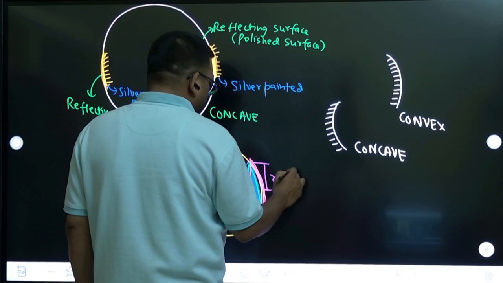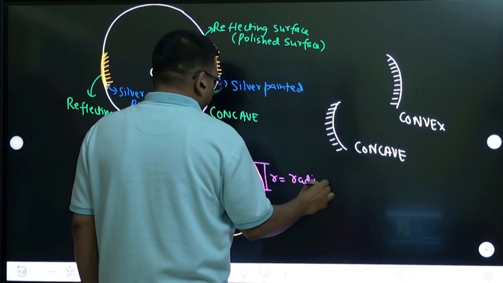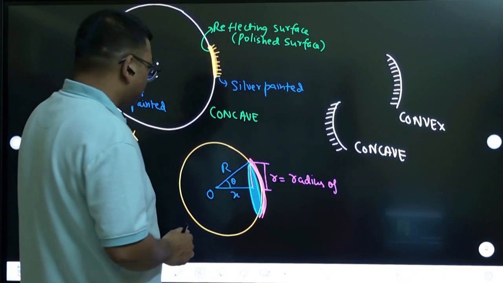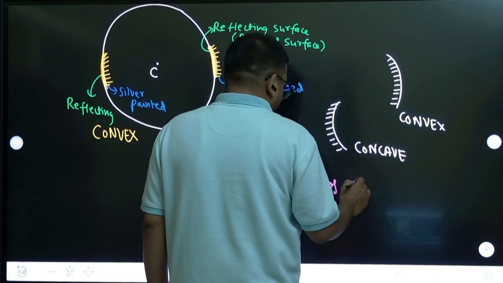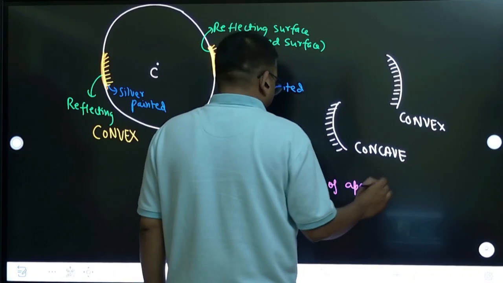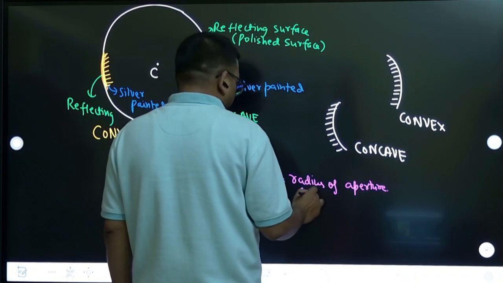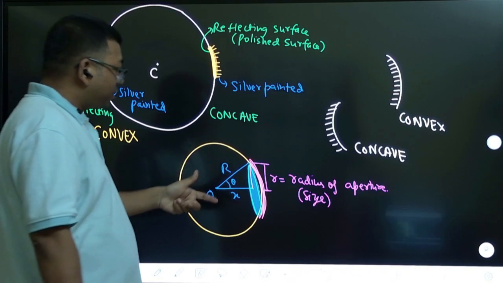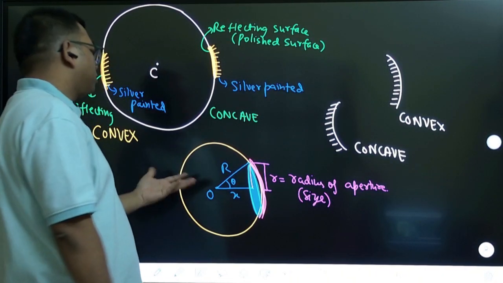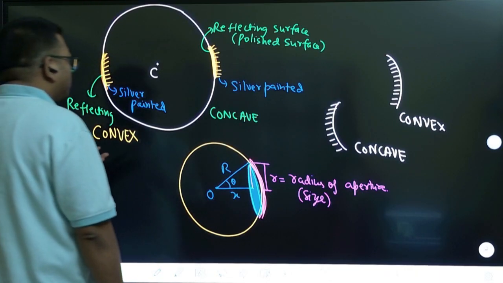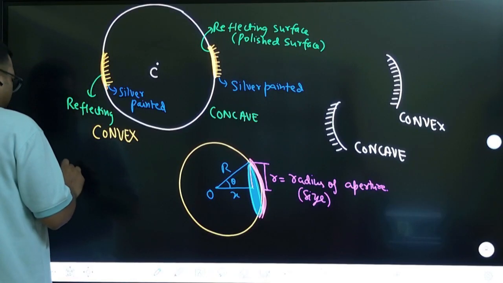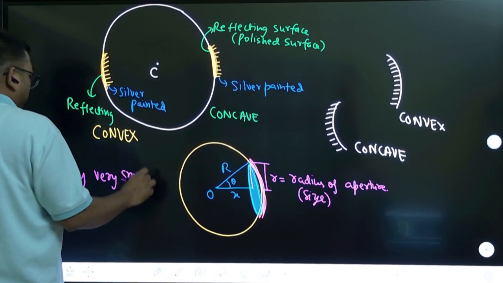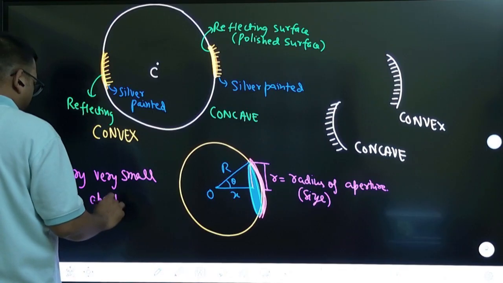So when we talk about spherical mirrors, we keep a very, very small aperture.